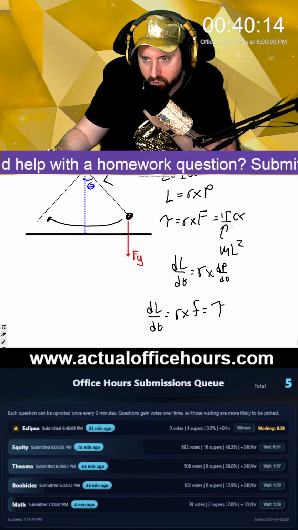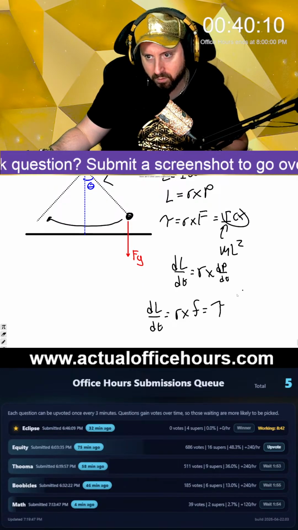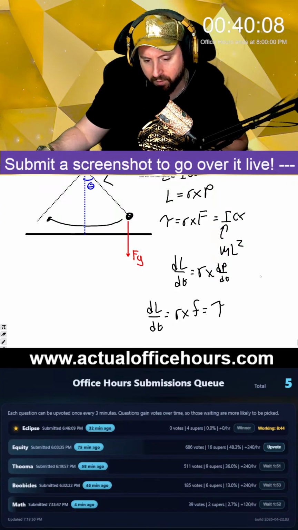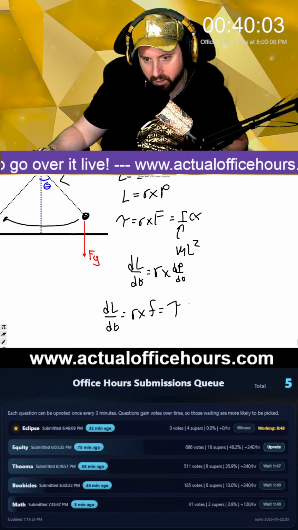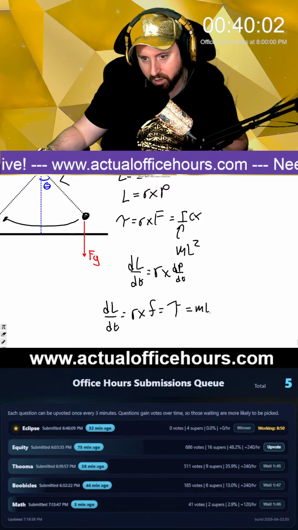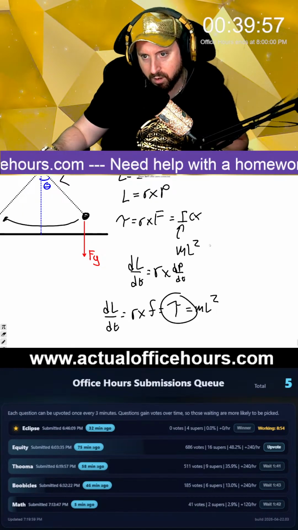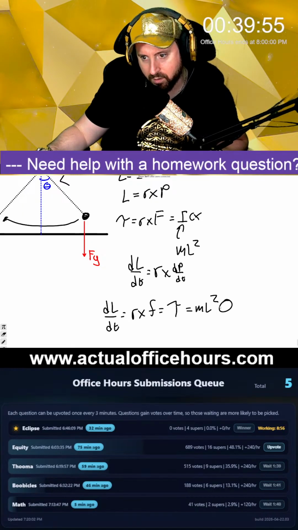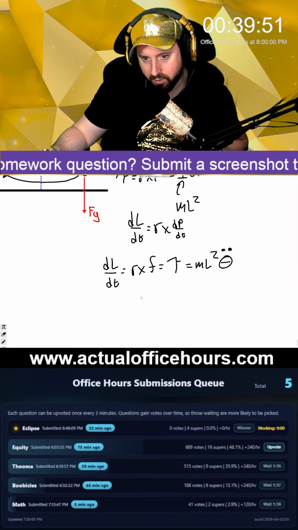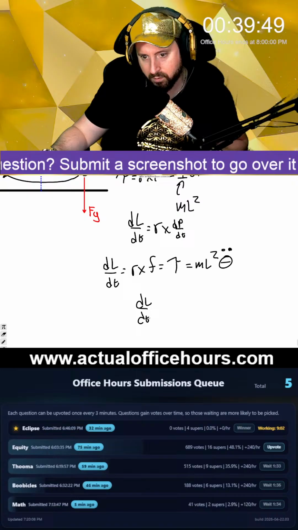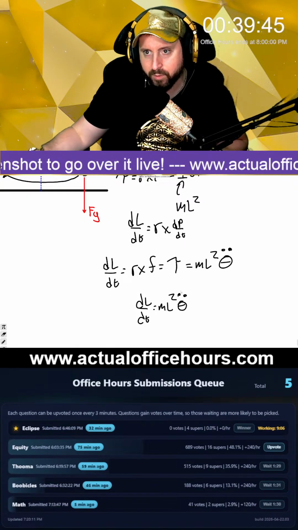And this torque is equal to I times alpha, where alpha is the second derivative of the angular displacement. So this is equal to ml squared, and alpha is theta double dot. So you get dL/dt is equal to ml squared theta double dot. Is that what they had?